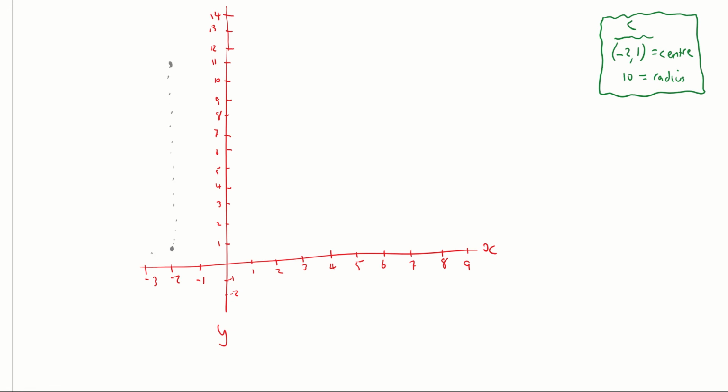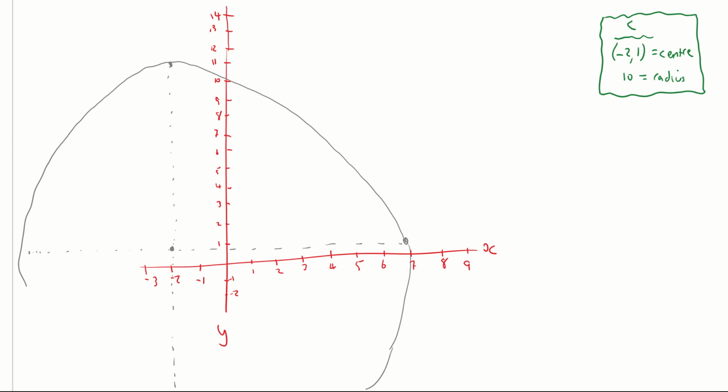Go back 10, brings me back here, let's say -12. Go forward 10 is bringing me up to 8. And down 10 is bringing me to -9, so somewhere down here. And if I was to sketch that with my circle, very rough here, it's going to look something like that. Okay, let's just park it there for a second.